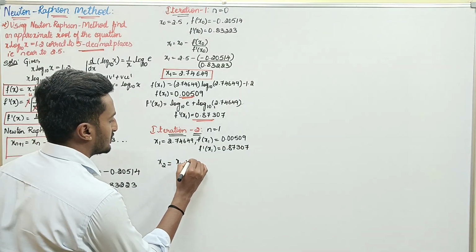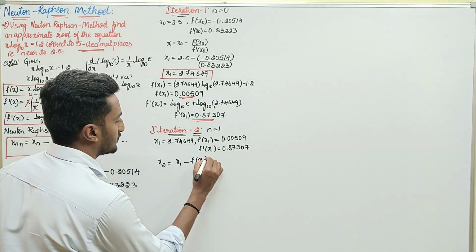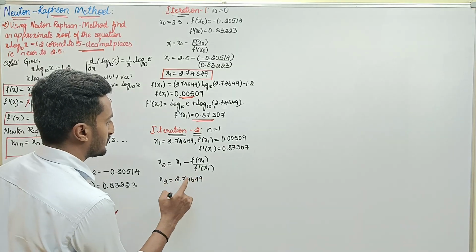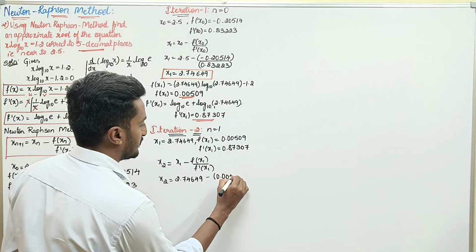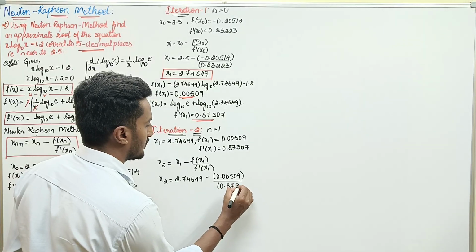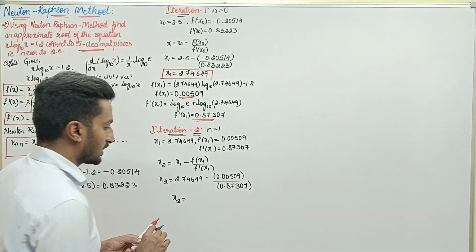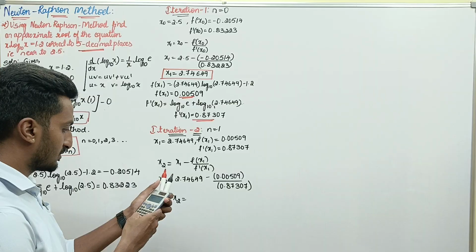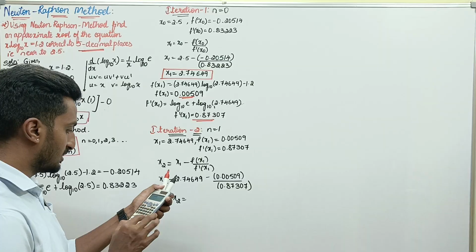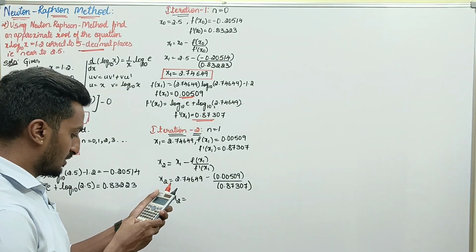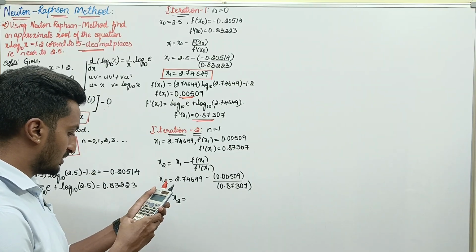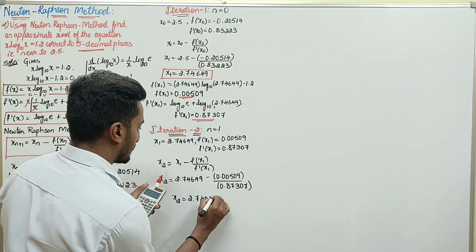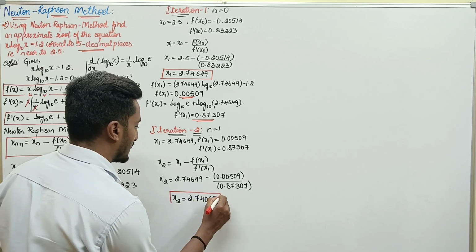In the formula, x1 minus f of x1 divided by f dash of x1 gives x2, which is equal to 2.74649 minus 0.00509 divided by 0.87307. Press equals, you get 2.74065. This is the value of x2.